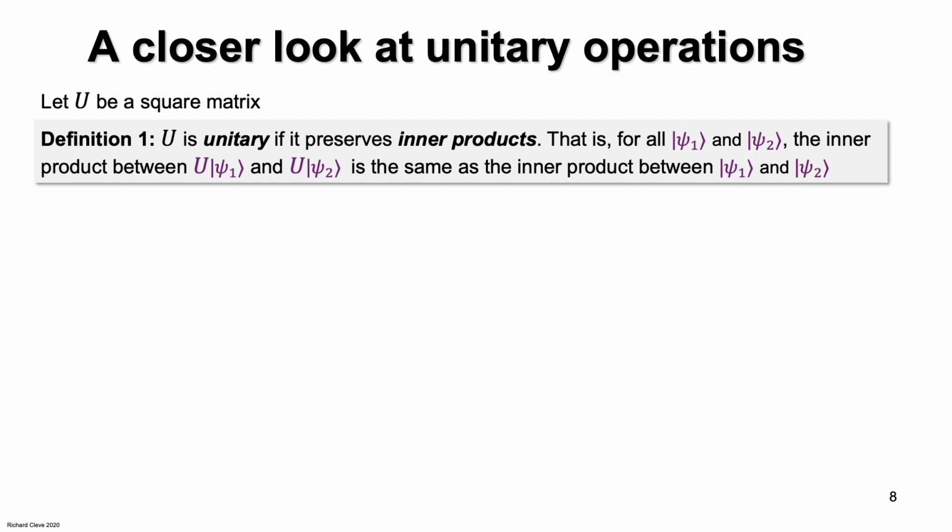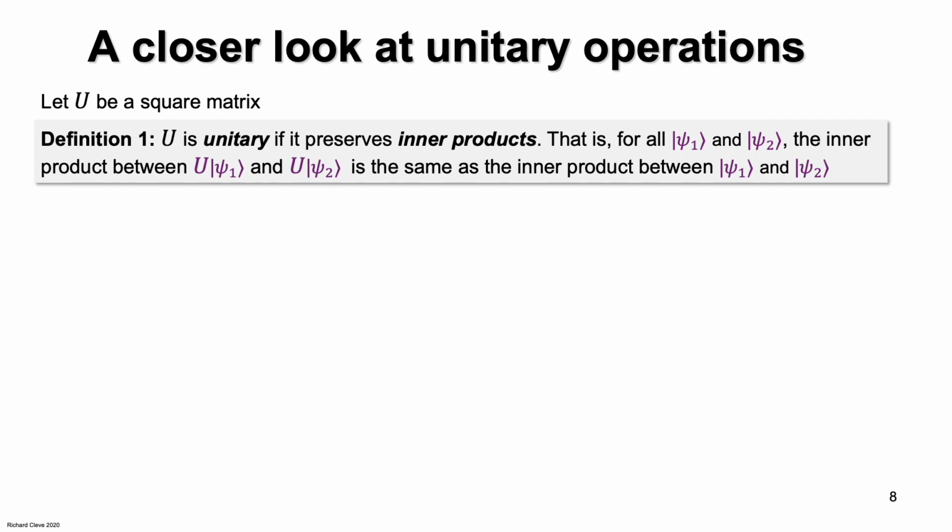For any two states, there is an angle between them, which is determined by their inner product. If a unitary U is applied to each of the two states, then the inner product between the states does not change. In other words, the angle between the vectors remains the same.